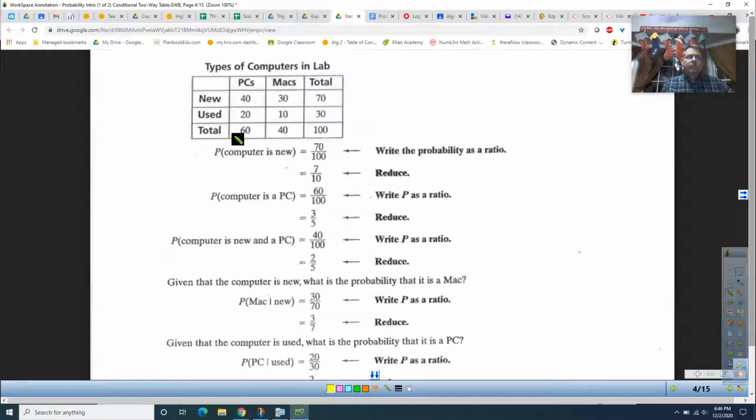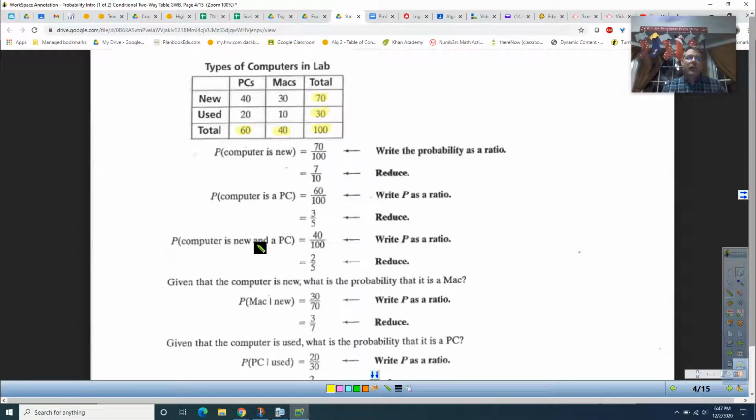We still have these subtotals that we're using. They're handy for us. We've already gone through the first two scenarios. Now this one asks, what's the chance that I pick a new one and it's a PC? I walk into the computer lab and pick any one of them. What's the chance I pick one that's not only new, but also a PC?